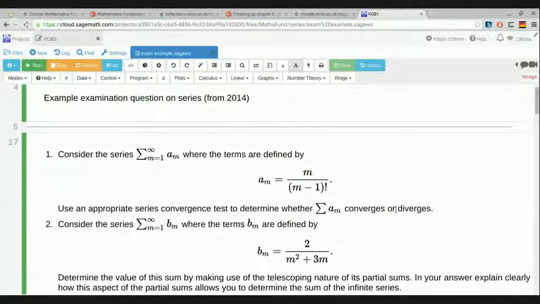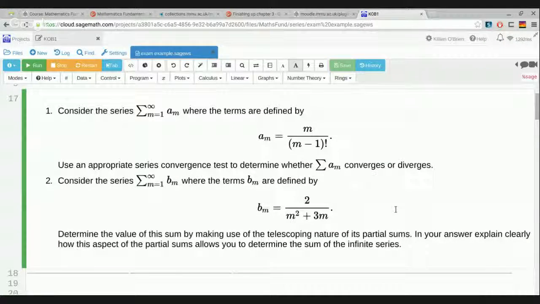Okay, so this is taken from the 2014 summer exam. So these two parts made up one full question, which was worth 20% of the exam, pretty much. So the first one gives you a series.